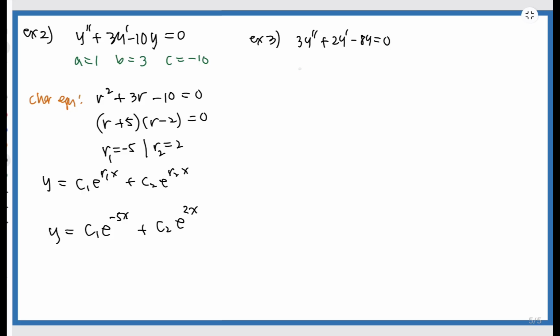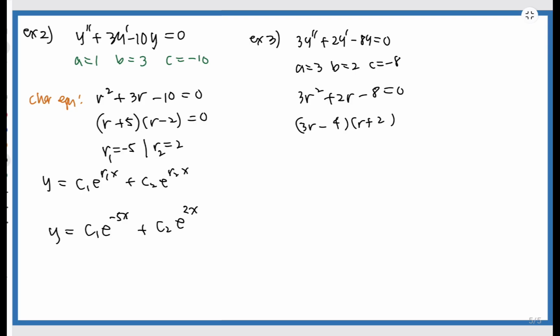So characteristic equation, a equals 3, b equals 2, c equals negative 8. So it's 3r squared plus 2r minus 8 equals 0. What are the factors? 3r, r, 4 and 2.